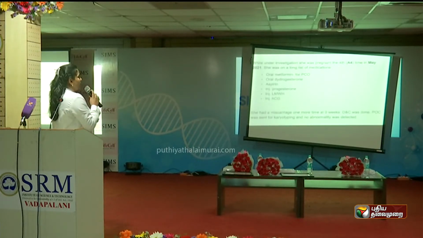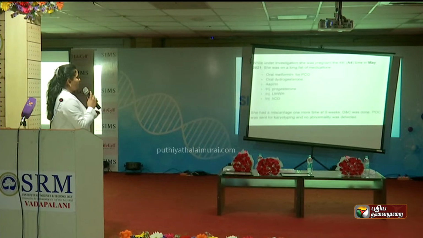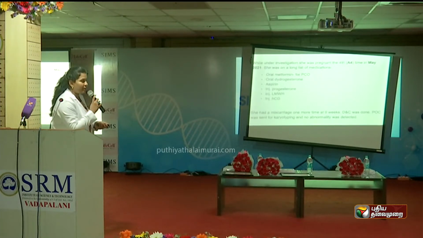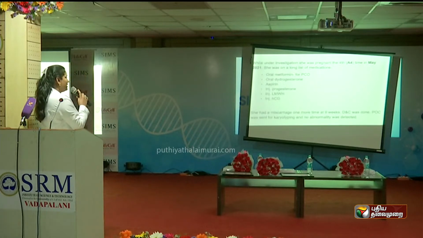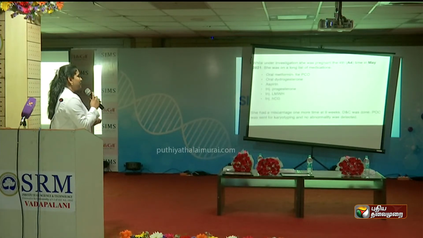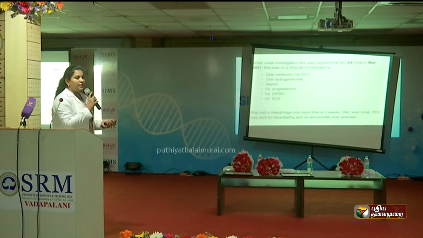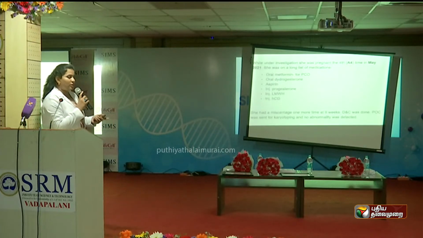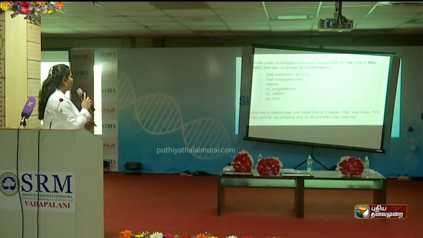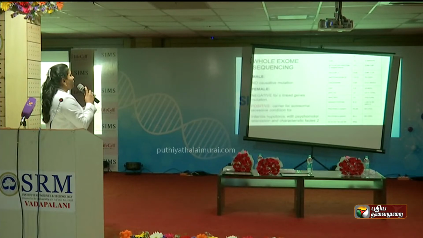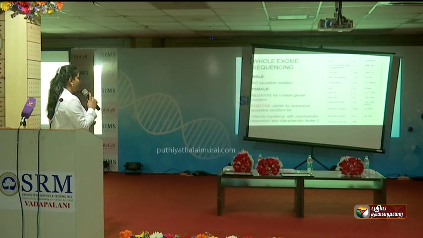While under this investigation, she conceived for the 4th time, and she was on a long list of medications, including oral metformin for the PCO, oral dydrogesterone, aspirin, progesterone, low molecular weight heparin 0.4, and HCG injection. She still had a miscarriage at 9 weeks. The products of conception were sent for karyotyping, and that was also normal. So whole exome sequencing was done. He had no problem.